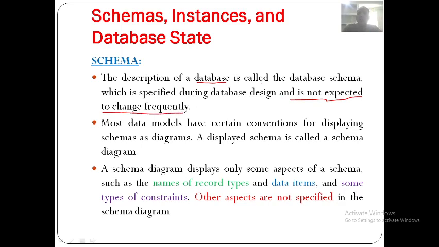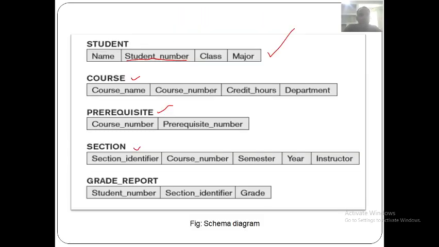Means, if you have created the database of a student, once you have designed it, and in the later stages, once it is implemented, you just need to add the values for it. If I want to add the first student name Kiran, his number is 2 and class is second semester, major is MCA.